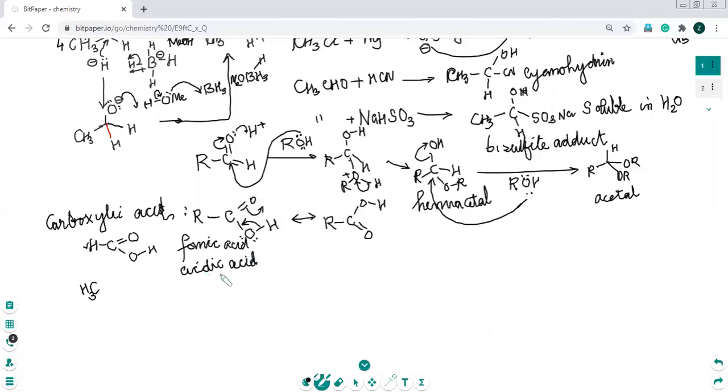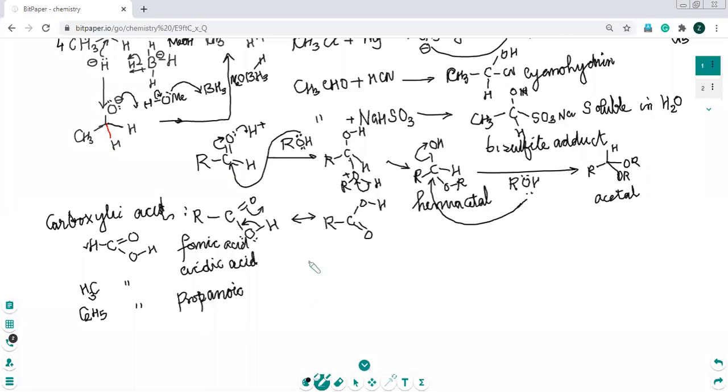Now, other acids: CH3COOH, C2H5COOH, that is called propanoic acid or propionic acid. Okay. So these are some of the aliphatic carboxylic acids.